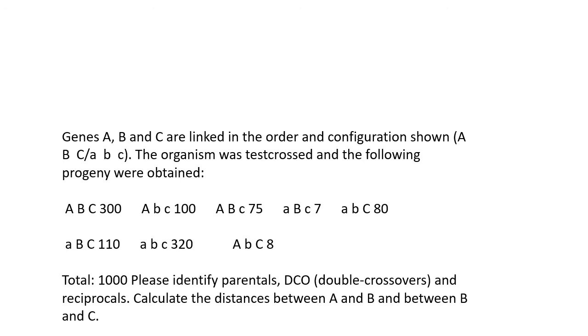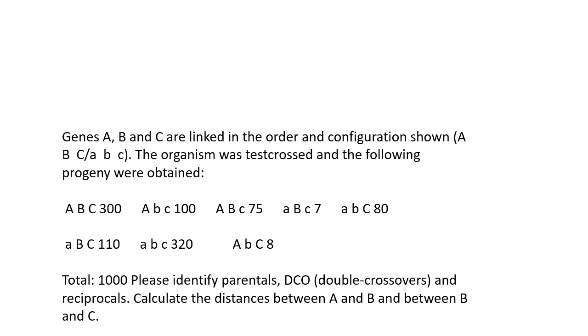We can see that big A, big B, big C is 300, and we know that it's a parental, and we know that its reciprocal is little a, little b, little c. Similarly, we can identify the single crossover products that match each other numerically and also having complementary alleles. So the big A, little b, little c is 100, the little a, big B, big C is 110.